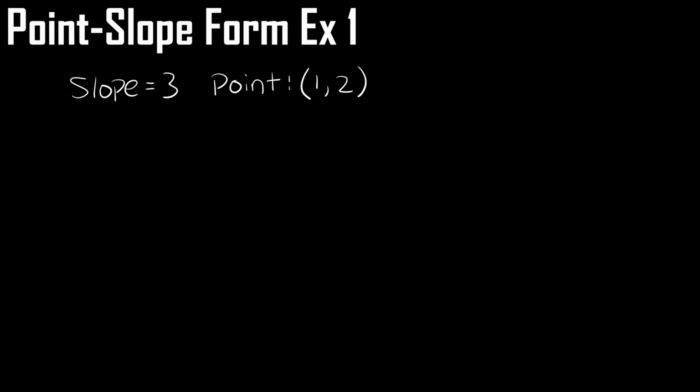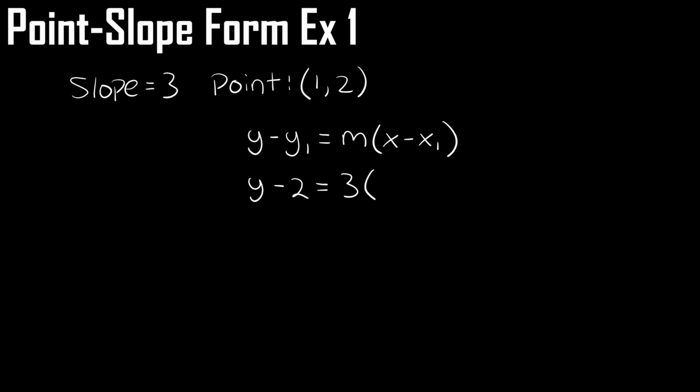So from our formula, which is y minus y1 equals m times x minus x1, we can plug in our first point. So y minus y1, which is 2, equals m, which is 3, times x minus x1, which is 1.